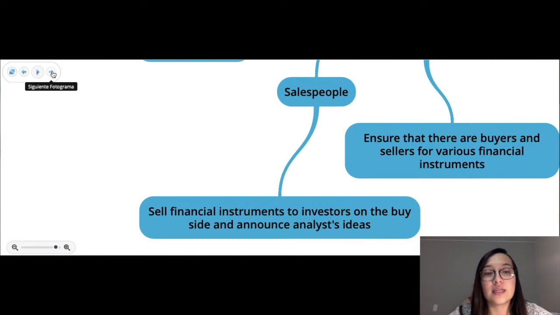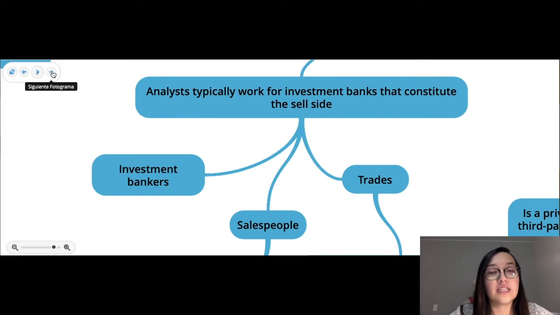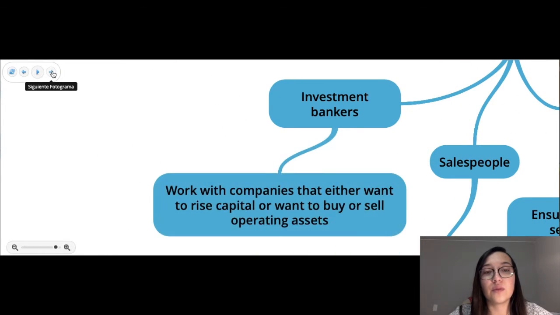Salespeople sell financial instruments to investors on the buy side and announce and list ideas. Investment bankers work with companies that either want to raise capital or want to buy or sell operating assets.